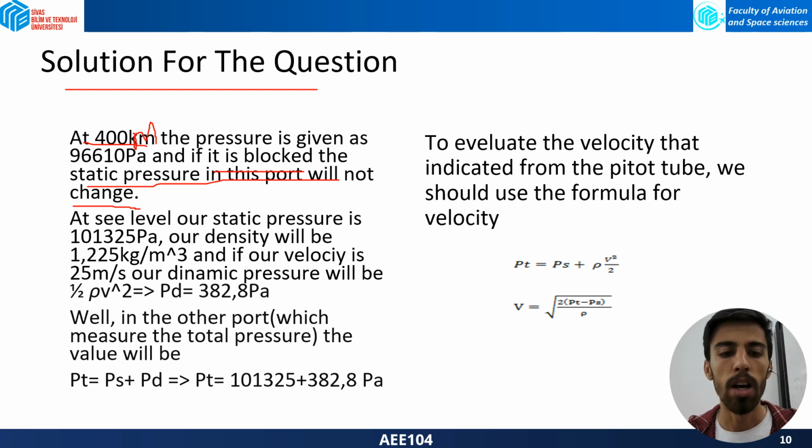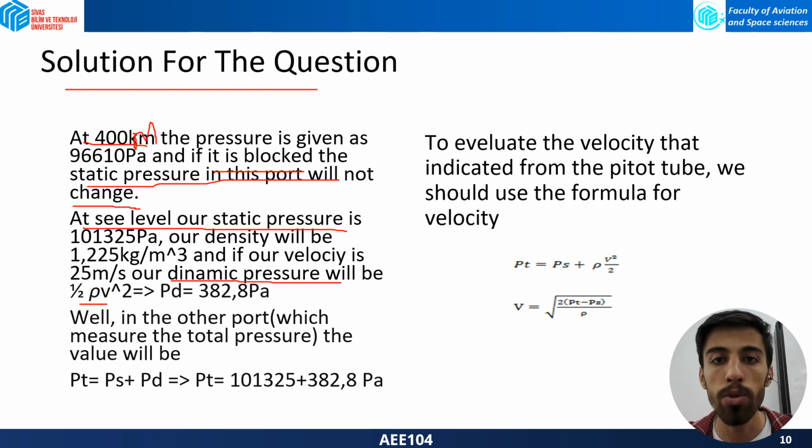In this diaphragm, at sea level, our static pressure is 101325 Pascal, which comes from the International Standard Atmosphere. You should know that. Our density will be, at sea level, because we are descending to sea level, 1.225 kilogram per meter cube.